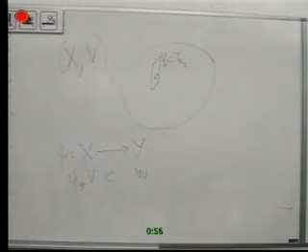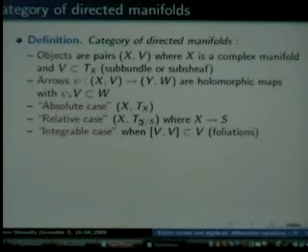So this makes a category. The absolute case is the case where you have no constraint, and no constraint means that V is just the full tangent space, so you don't require anything on the tangents.